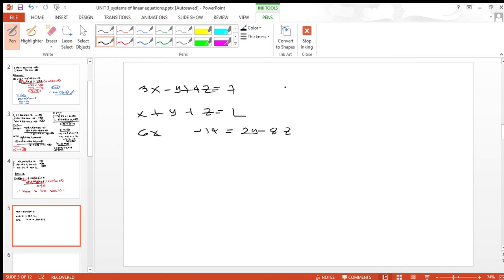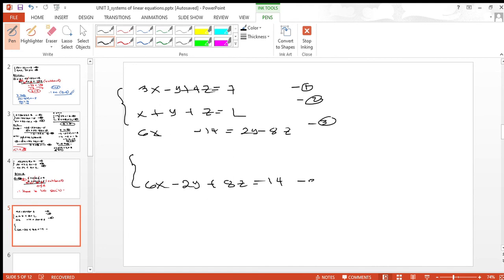So let's call this equation 1, equation 2, equation 3. That's our system. So if you would now check this out, let me just rewrite equation 3. That's 6x minus 2y plus 8z equals 14. That's equation 3.